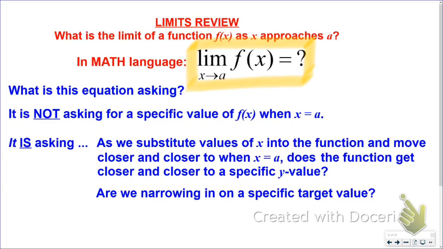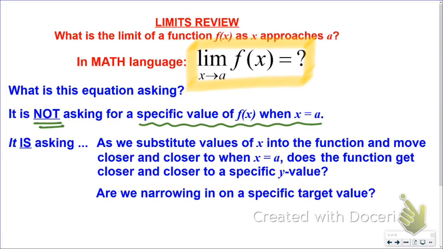So when you're asked to find the value of a limit in calculus, let's first talk about what you are not being asked to do. You are not being asked to find the function value for a particular value of x. Remember, you are not being asked for what is the y value when x is a.